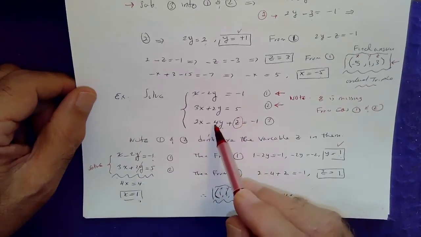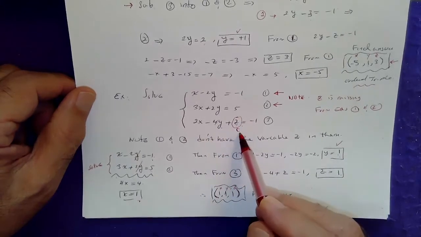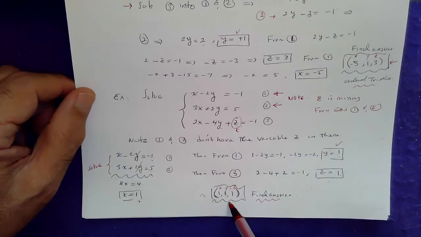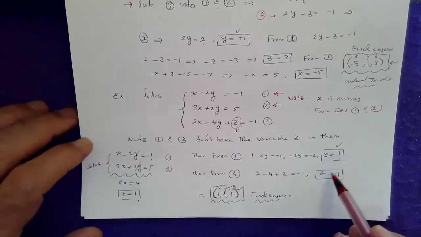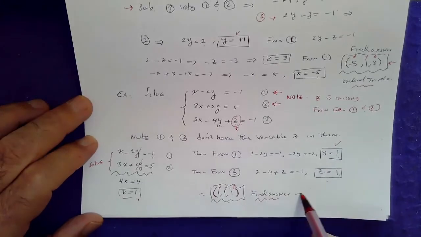Now go back and substitute those values in the third one. That's the only one with z in it. Find out what z is, and this is how you leave your answer. Do not box your answer individually. I did it so I can show you what my x and y is, but the final answer should look like this.